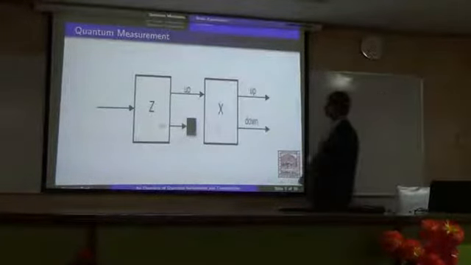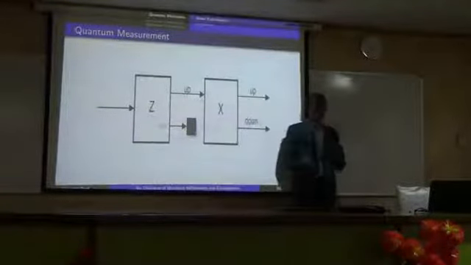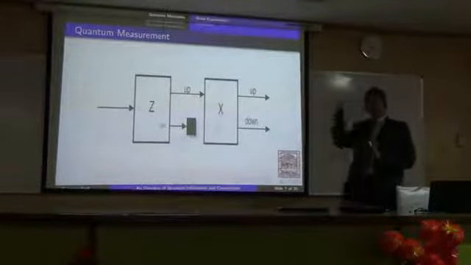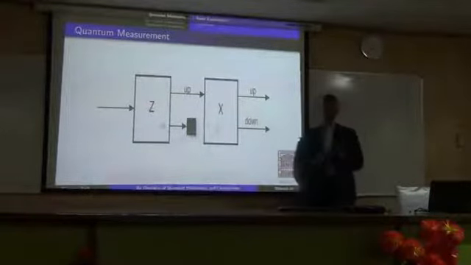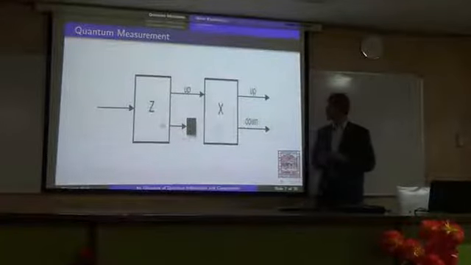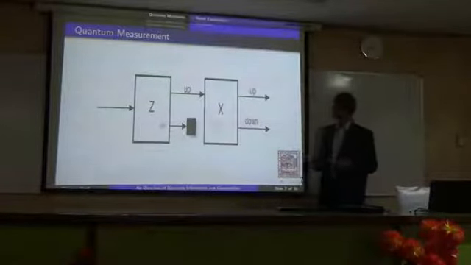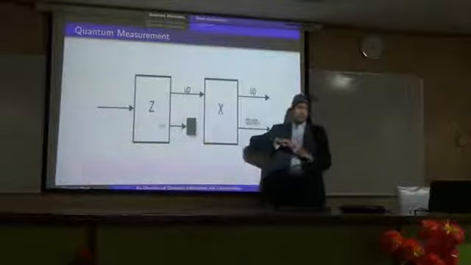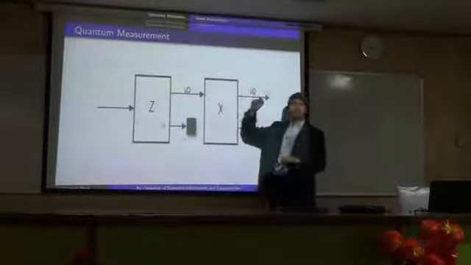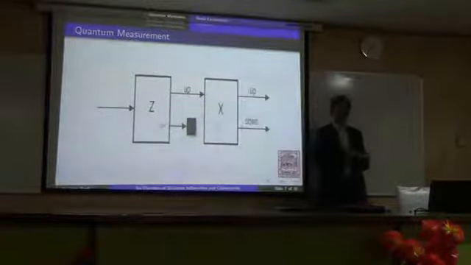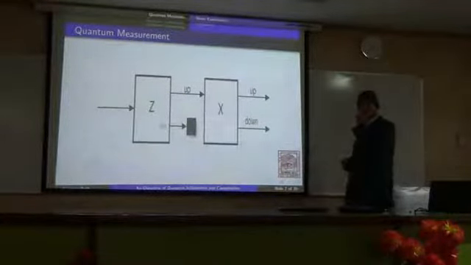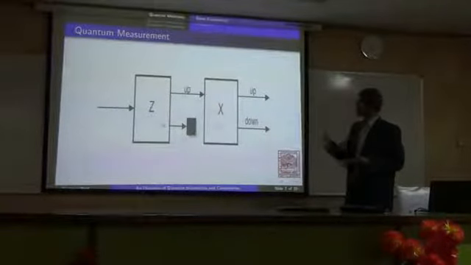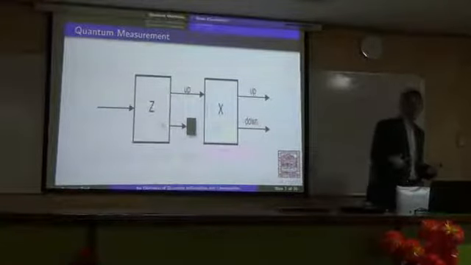Now the question is, suppose I send 100 silver atoms and measure the spin in the z direction. Because things can be assumed to be uniformly random, it is expected that 50 of the atoms will show z up spin and the remaining 50 will show z down spin. That's what is expected, and that's what actually happens when you do the experiment.